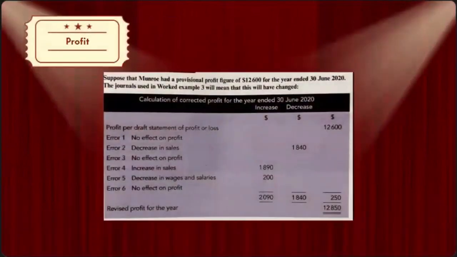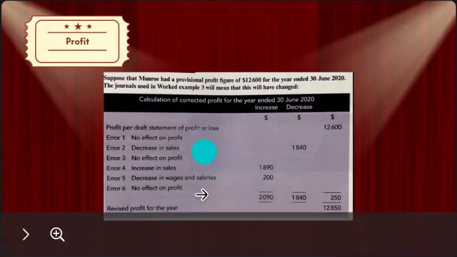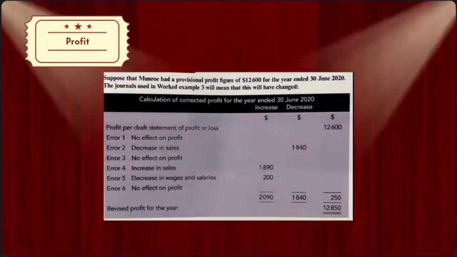Next is calculating the corrected profit of the year. As you can see here, the effect of the errors on the profit is only error number 2, 4, and 5 because they involve a change in sales and expense, which directly adjusts profit.